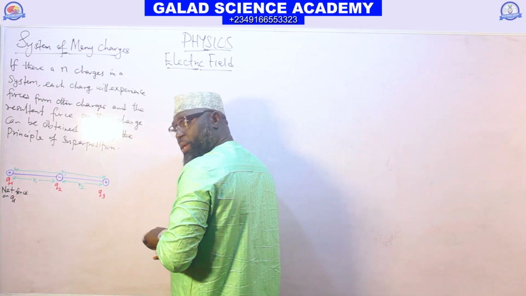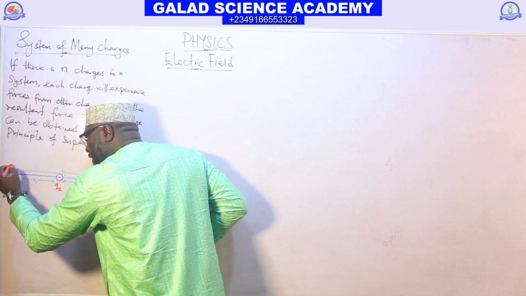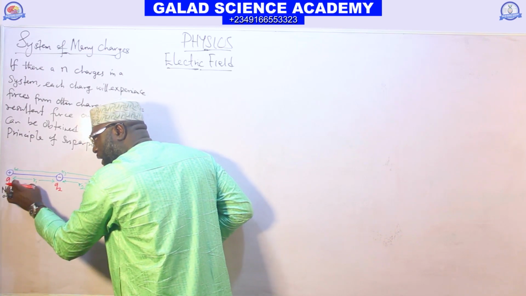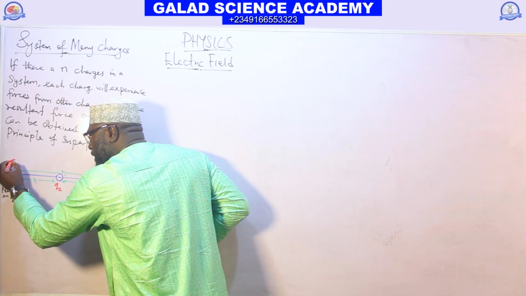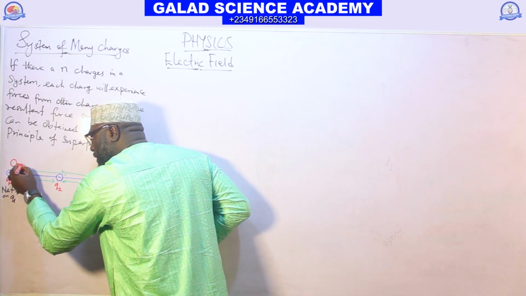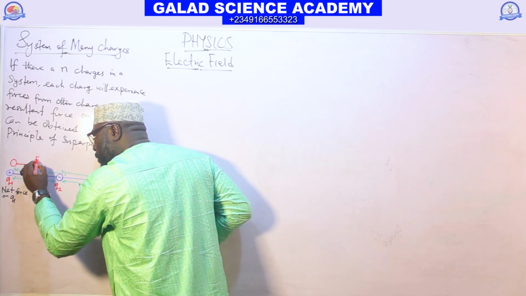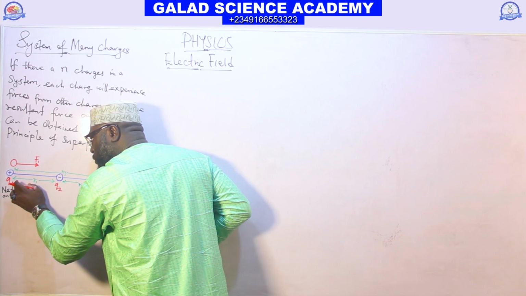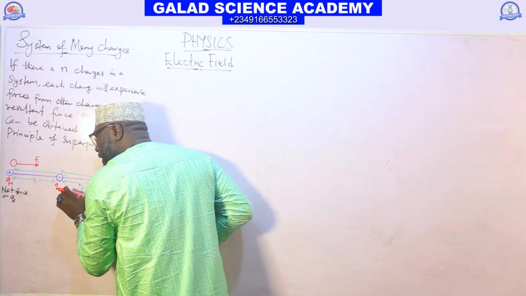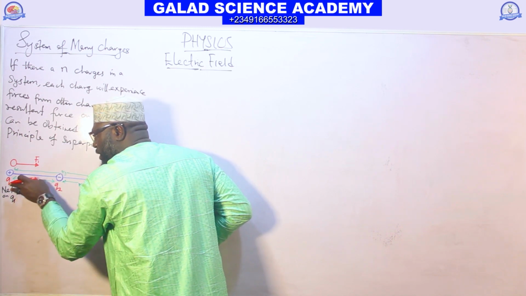Q2. If that be the case, the vector diagram for Q1 and Q2 will be in this form, and this will be the direction of the force. This is the force on Q1 where Q2 is inserted.